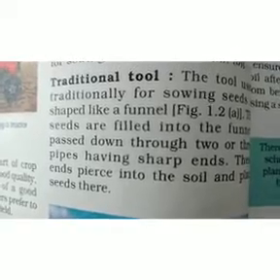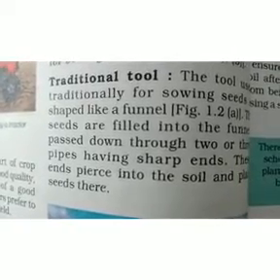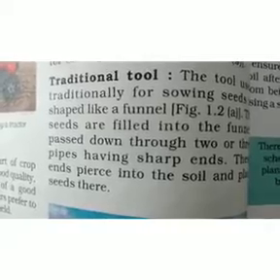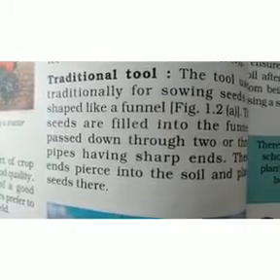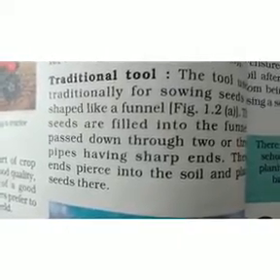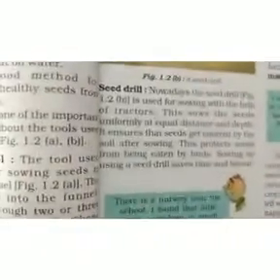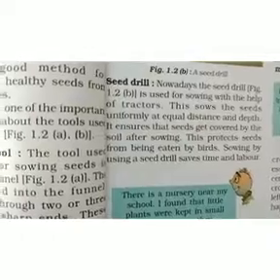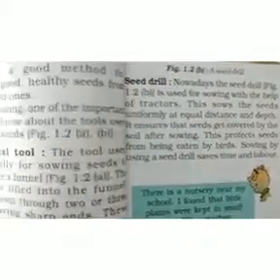So farmers use traditional tool to reduce the time taken to sow the seeds manually. And the next tool is about seed drill, which makes the work faster.